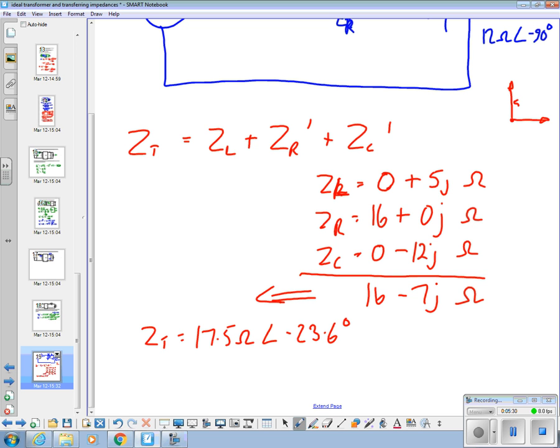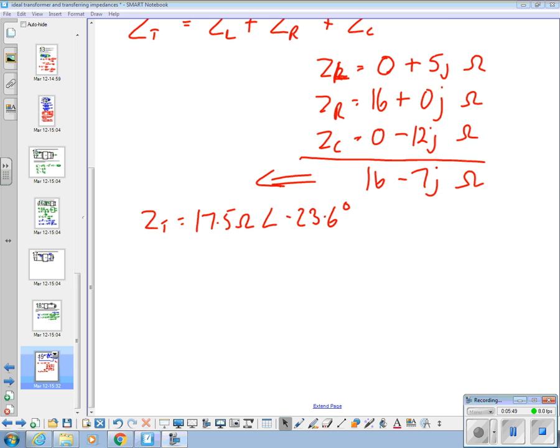Just check, because I could have got it wrong. Now we know the total impedance connected to the generator.